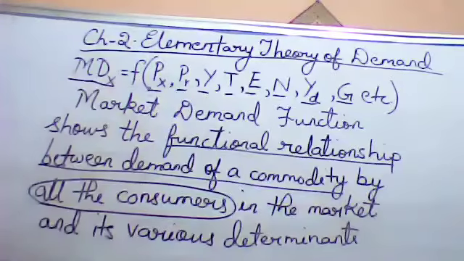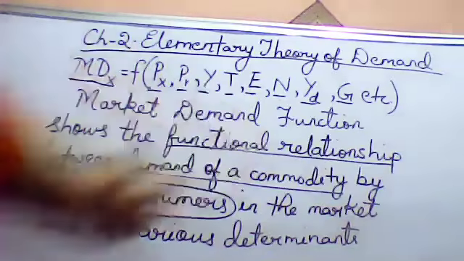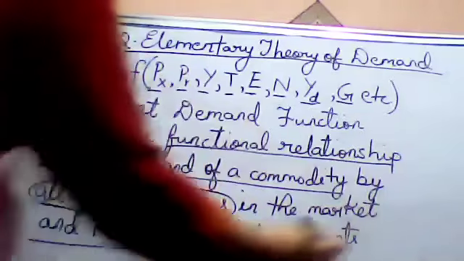A, B, C, D, all the consumers together is market demand. If it is only about my consumption, then it becomes an individual demand. That is, only one consumer's demand is individual demand. And when all the consumers are demanding, that becomes the market demand. So all the consumers in the market and its various determinants.